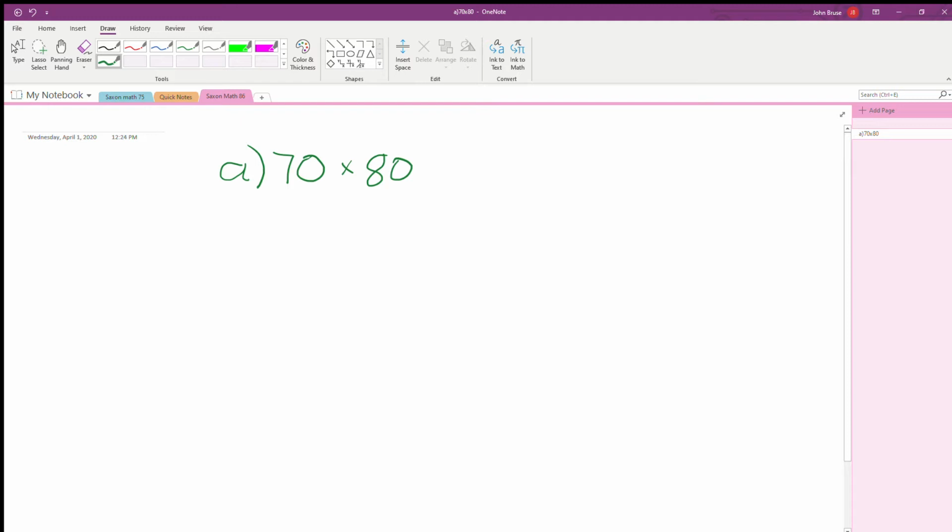So the first thing you need to do is just look at the 7 and the 8. The zeros we can add back later. So we need to ask ourselves, what's 7 times 8? Well, 7 times 8 is 56. And then all we need to do is count the zeros that were in our problem. We have 2 zeros.